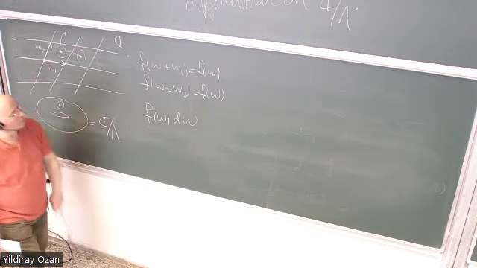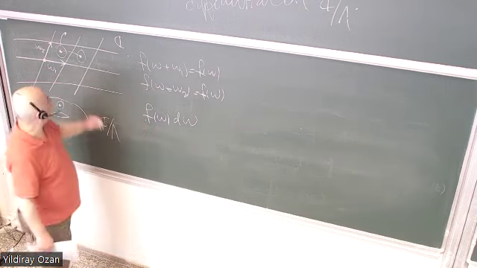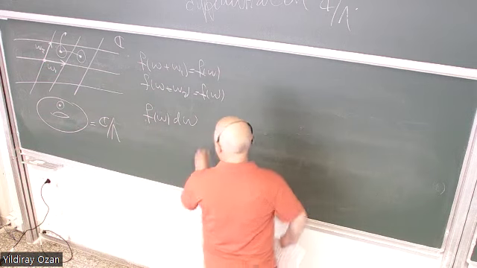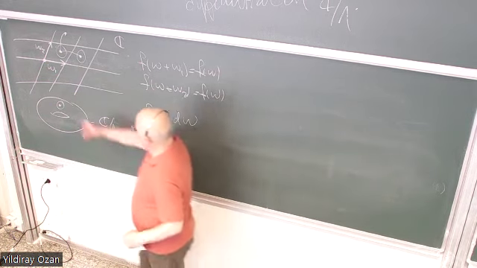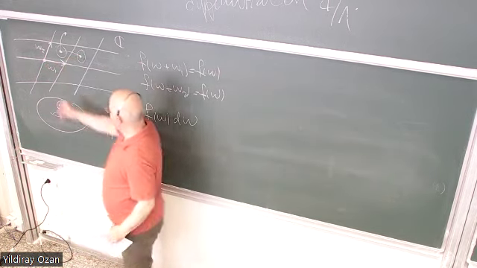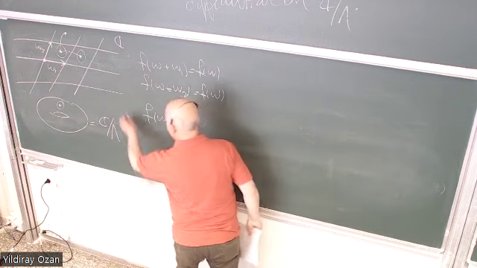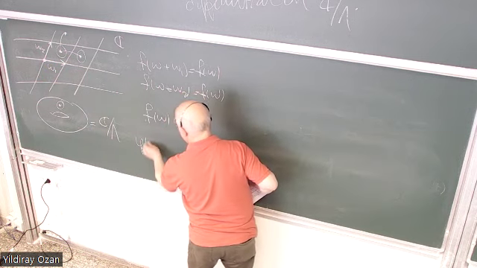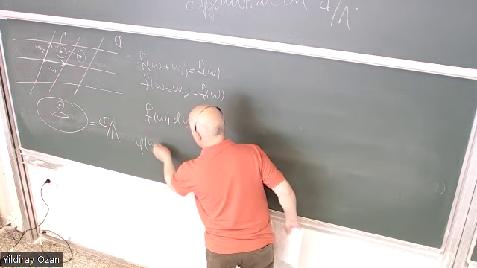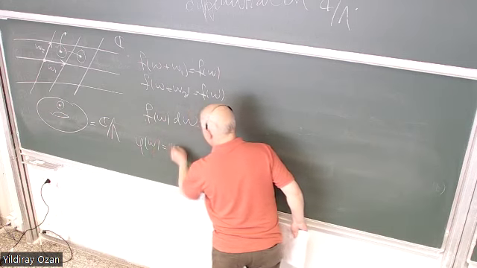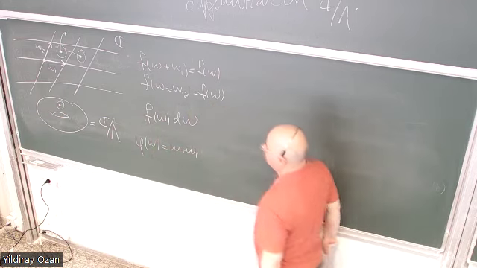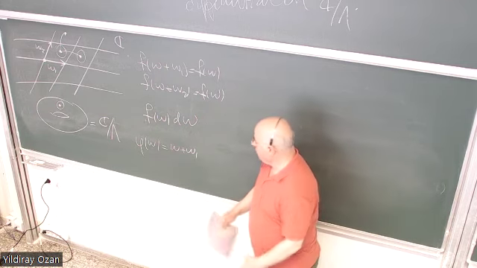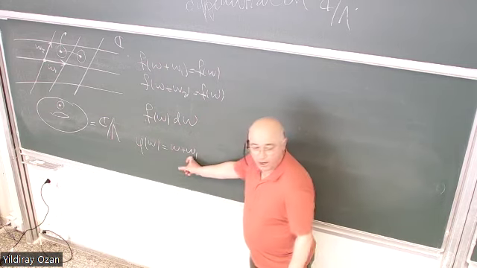What happens to the function here when I change the coordinate system? Remember, from this coordinate system to this coordinate system, our coordinate change is this. So this is just mapped to W1, right? I just go W1 unit to the right. So we are just adding a constant.